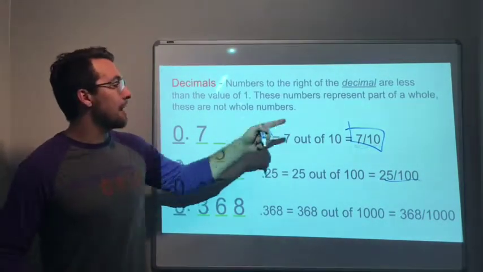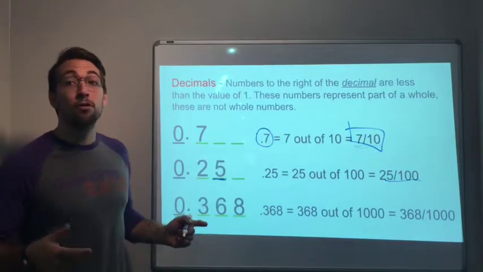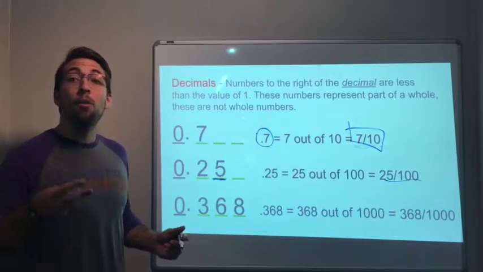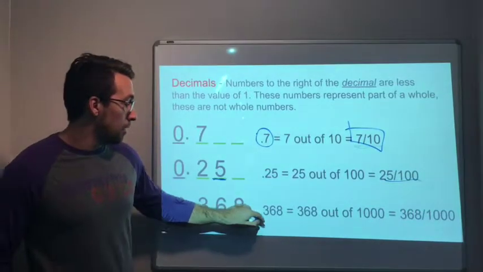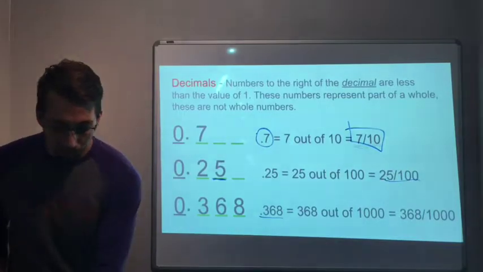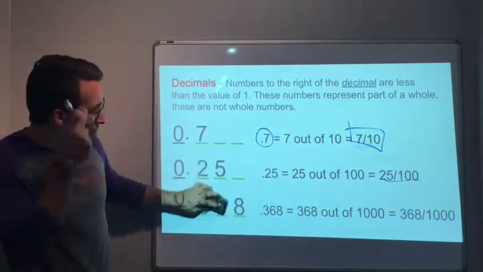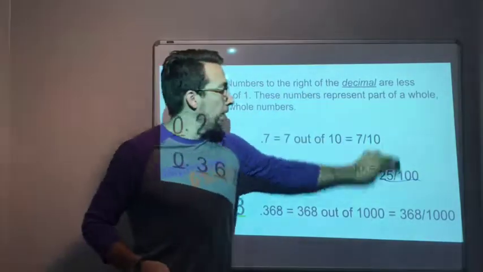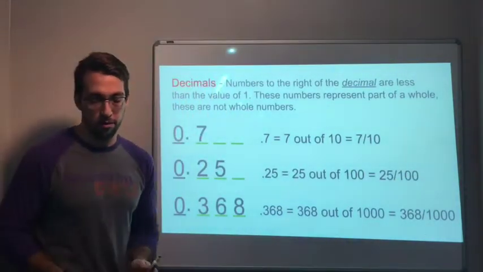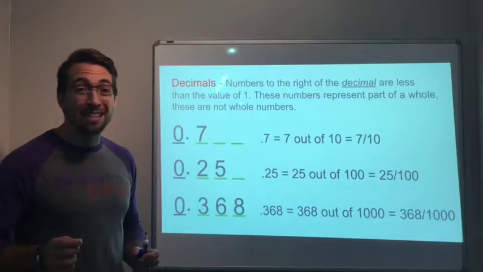Just like this is 7 out of 10, 25 out of 100, well, look, 368 out of 1,000. I want you to please be conscious that any decimal is less than 1. Decimals are less than 1.